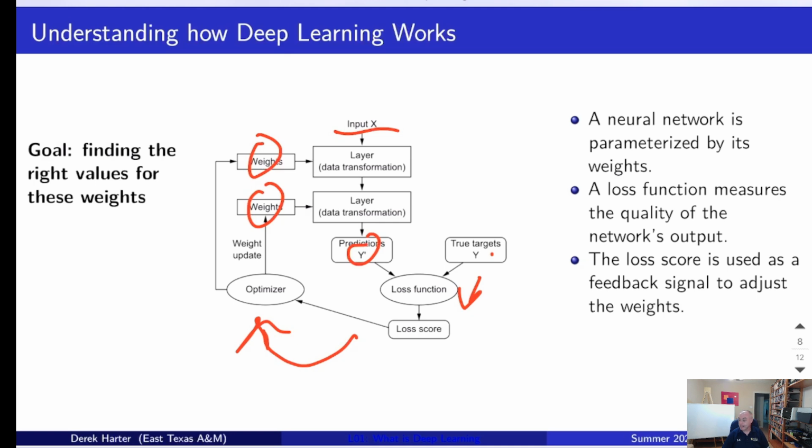This loss score is used as a signal for an optimizer. We're going to be looking at an optimization technique called backpropagation, which is the fundamental optimization algorithm used to simultaneously update all of the weights in a deep network at the same time in order to lower the cost, to get these predictions closer to the true target, so that we get a lower loss every time the optimizer runs and updates these weights.